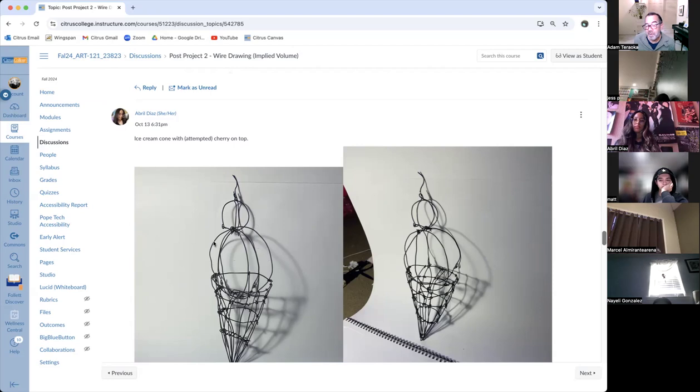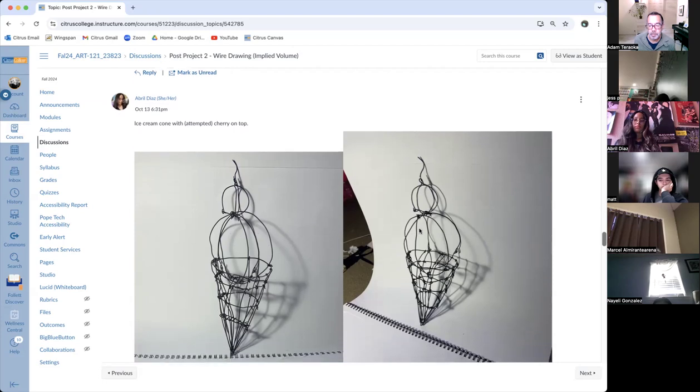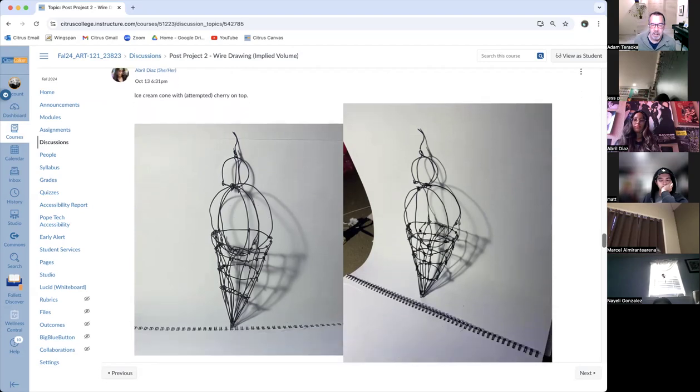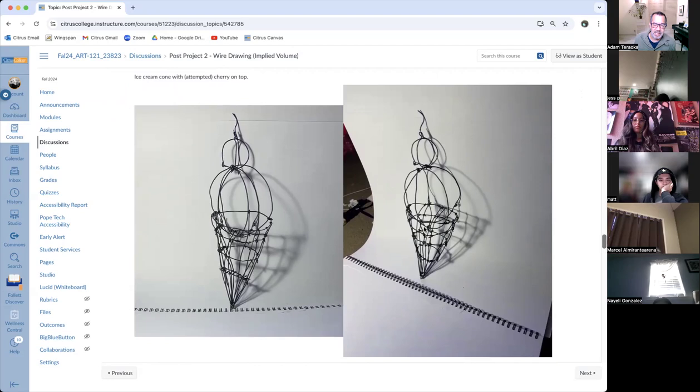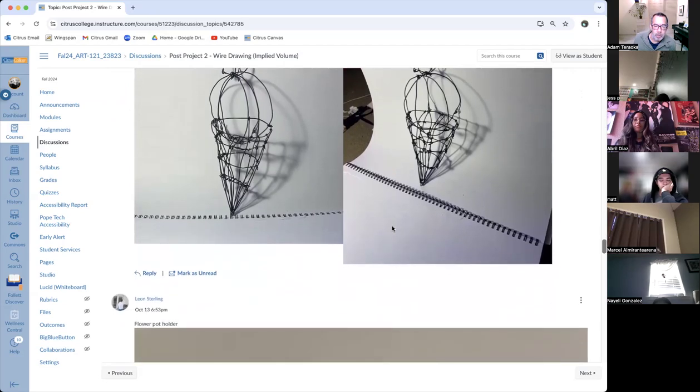So I think if you just added one more wire that represented melting ice cream, it would add something. But in terms of understanding the project and listening to what I had to say about contour lines, I think this one's really good. Okay.